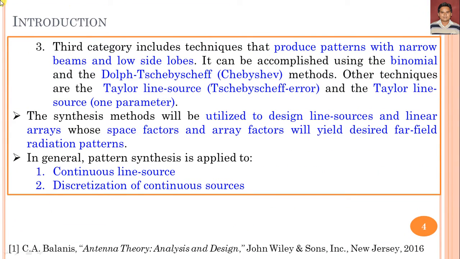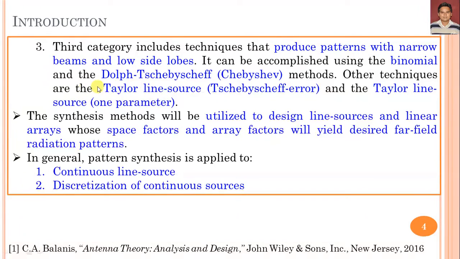The third category includes producing patterns with narrow beams and low side lobes, and it can be accomplished using the binomial array and the Dolph-Chebyshev methods. Other techniques are the Taylor line source and the Taylor line source error.